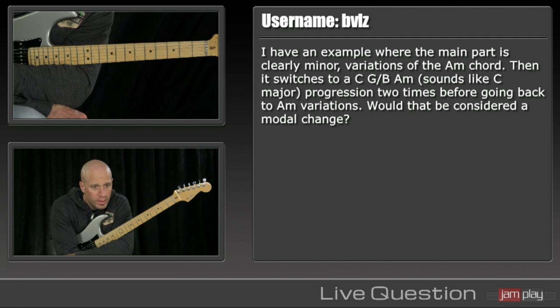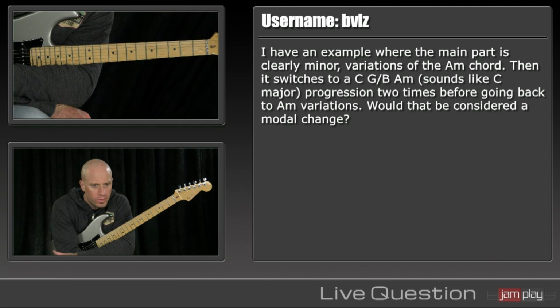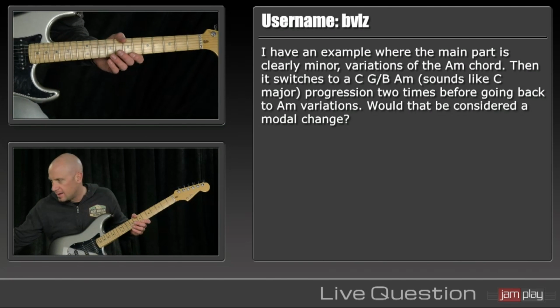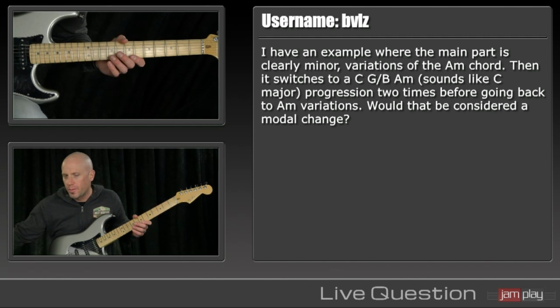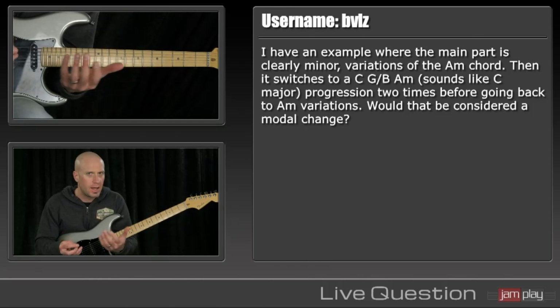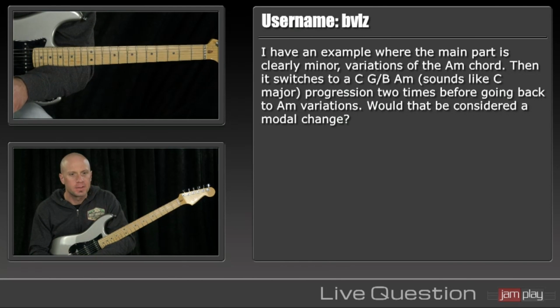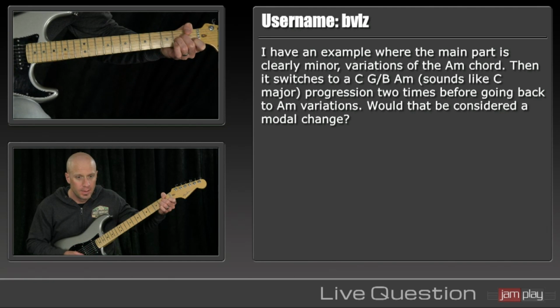Yeah, it really would be. So if it's in C, and you've got an A minor chord, it's going back and forth from Aeolian mode to Ionian, so they're the two most common sounds, but that absolutely is a modal change. Your tonal center, you're in the key of C the whole time.